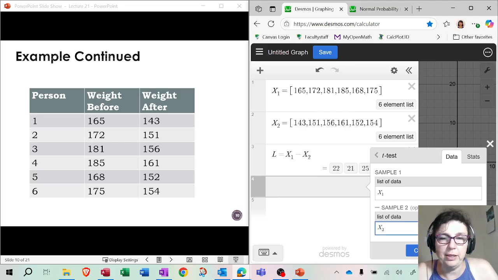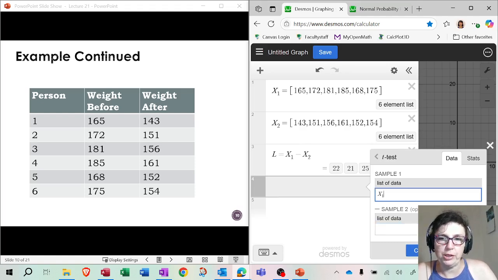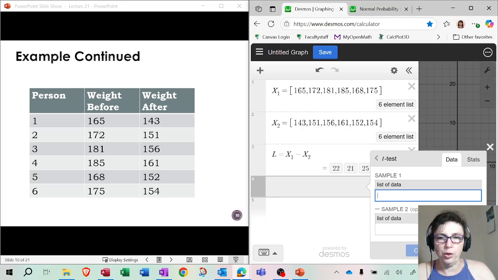That was when it was independent. That's no longer the case. Here for the differences, you are going to only have one sample and the sample is going to be of the differences. So please write this down somewhere that, again, when you are doing a test for matched pairs or differences, you are only using one sample and that is the differences, okay?